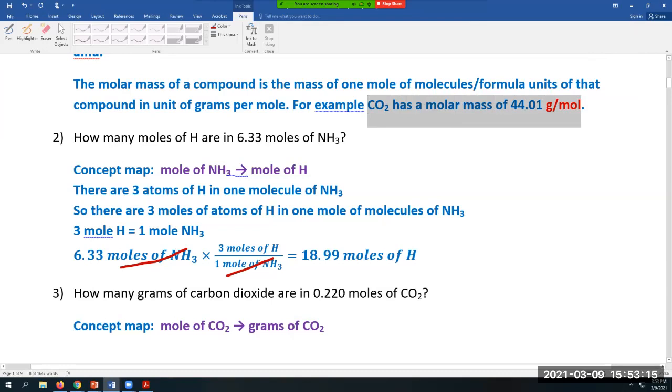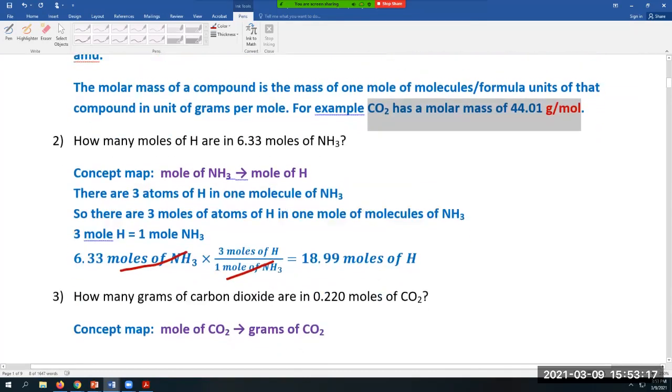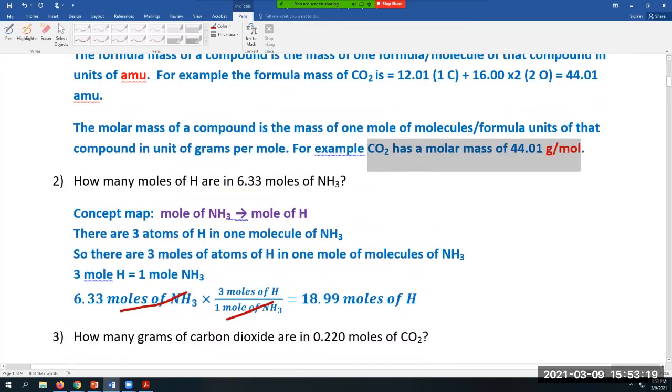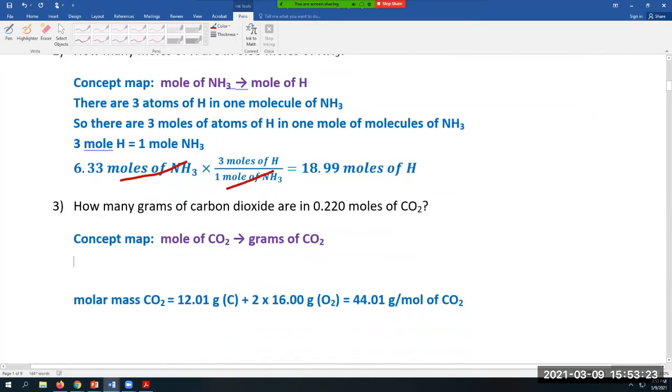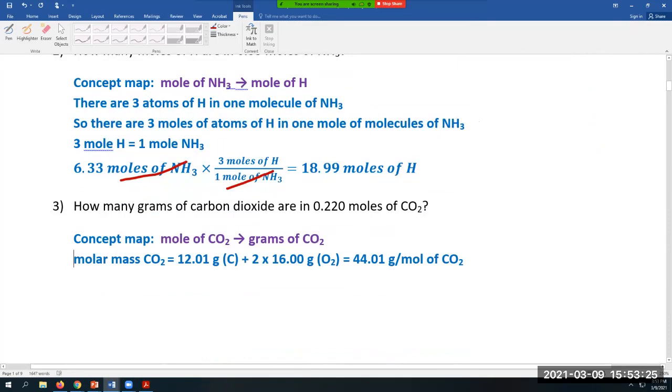But let me show how we do this. So how do we calculate the molar mass of a molecule? For each atom in there, you take their molar mass. So for carbon, it's 12.01 grams, and you multiply by 1 because there is only 1 carbon in that formula.